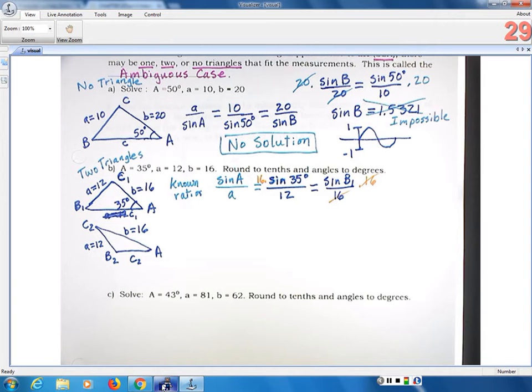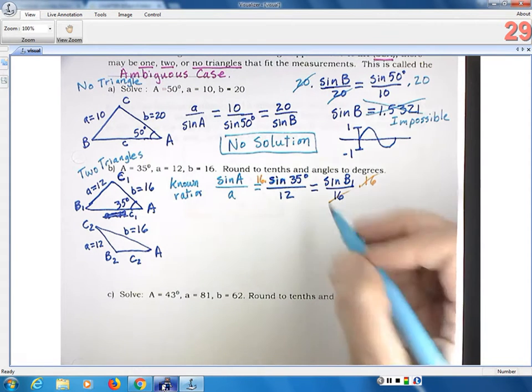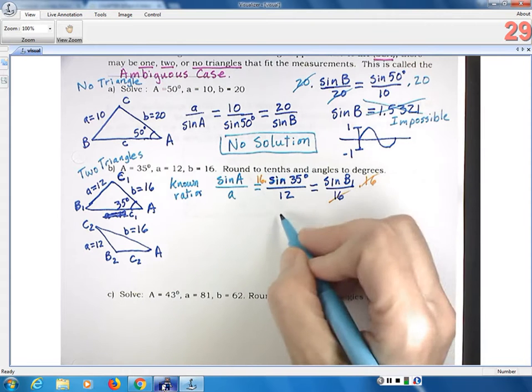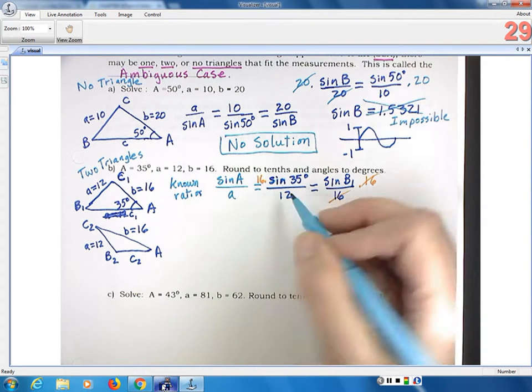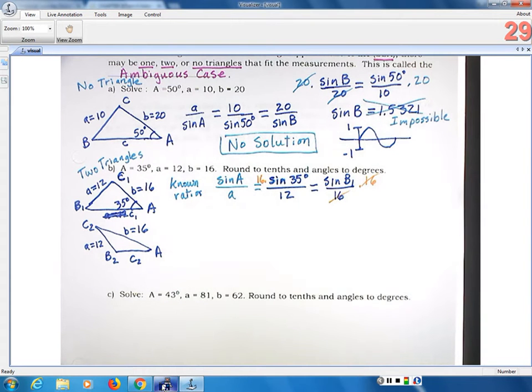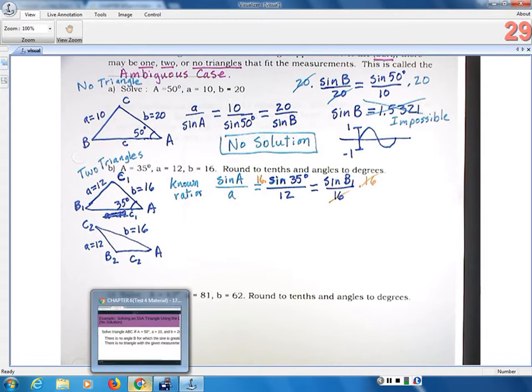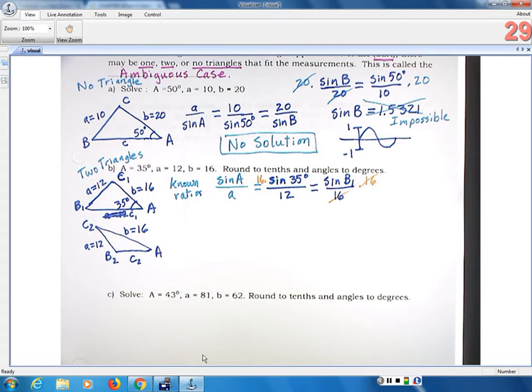I did it on the filled-in notes. I cross-multiplied, and you can manipulate it. So we get sine of B1 equals all that. We're going to put that in our calculator. 0.7648.